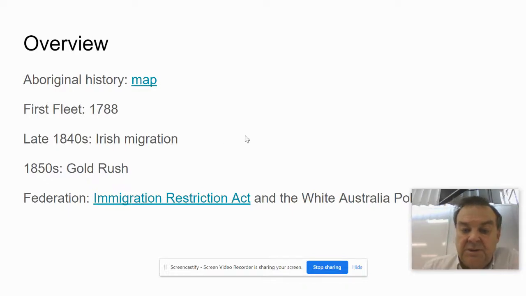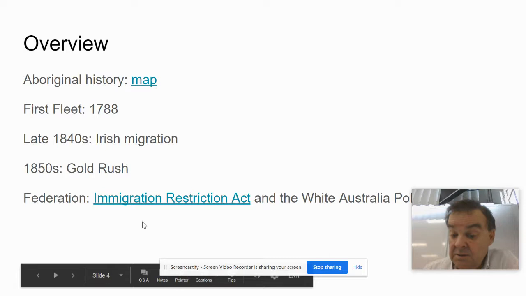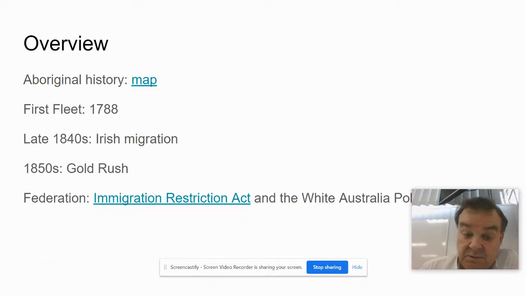Now, a couple of things happened here in terms of migration. One of the very first acts of Parliament that the Australian Parliament creates is the Immigration Restriction Act. You can't see it under here, but that says the White Australia policy. Basically, the Australian Parliament wanted to keep Australia white, and the Australian population basically wanted to stay white.